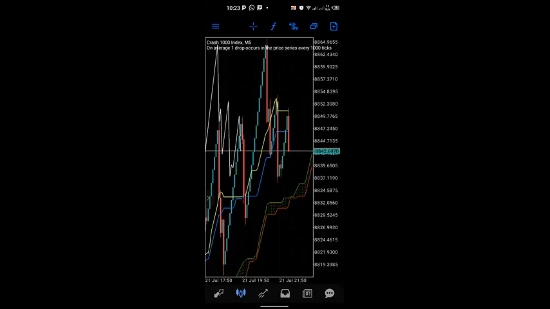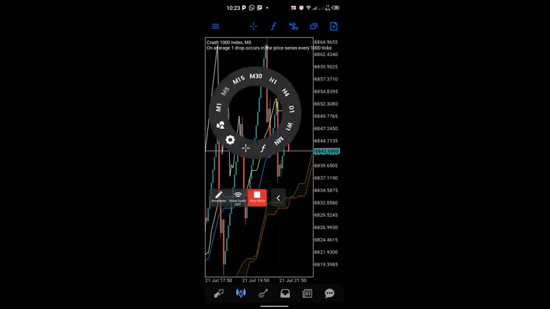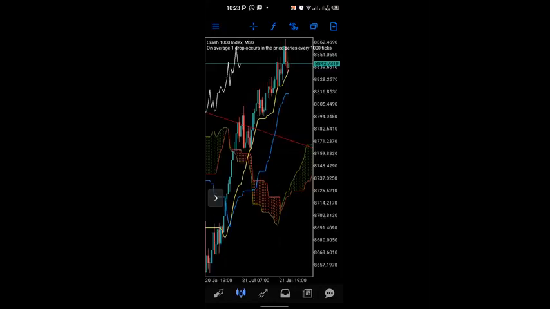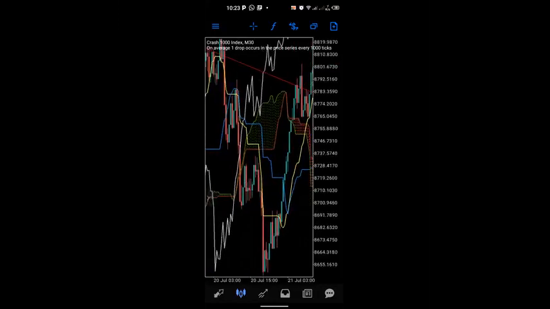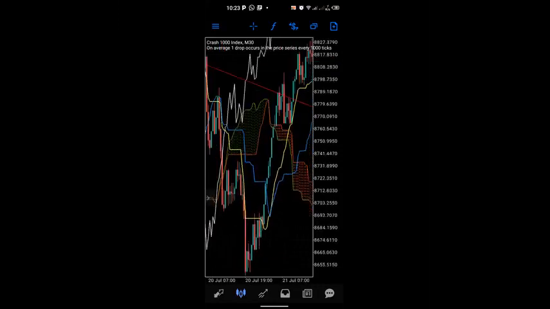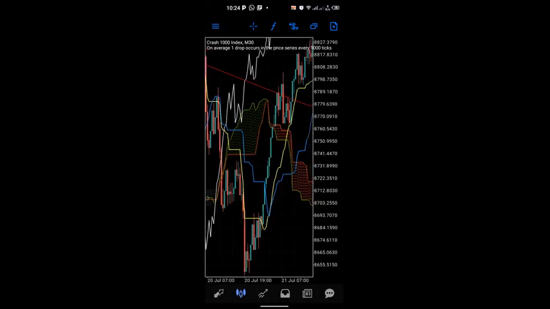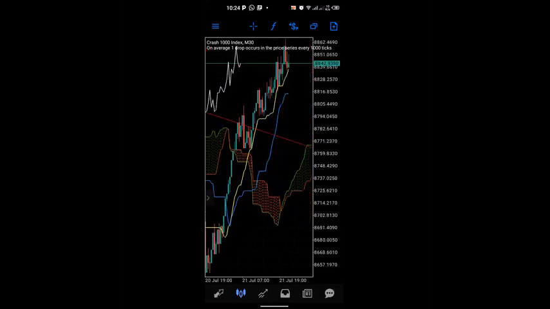Let me change it to a 15-minute or 30-minute time frame. If you are trading with Ichimoku, there are certain rules that guide it. The blue line is the Kijun, the white line is the Chikou Span, then the dashed red and green is the cloud.